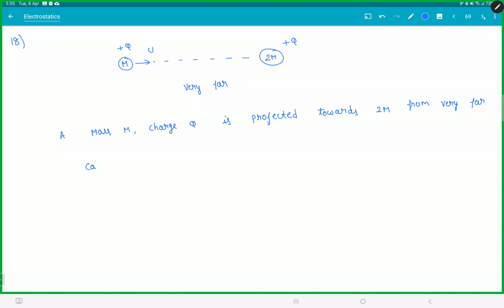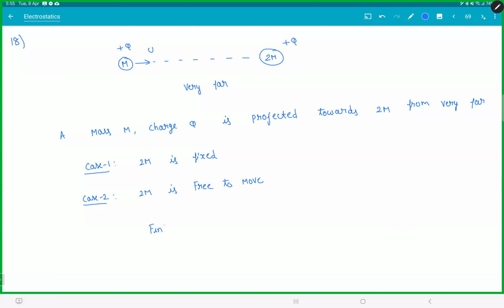Case 1, 2m is fixed, meaning you're not letting 2m move. Case 2, 2m is free to move. Neglect any other forces like gravitation.